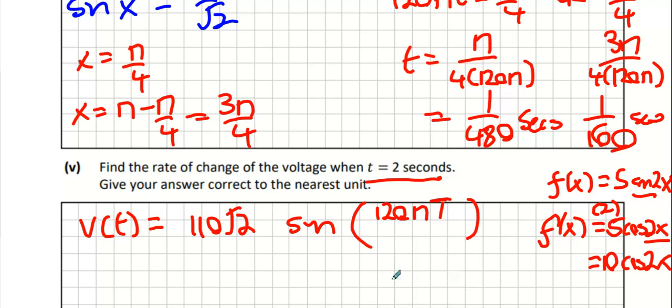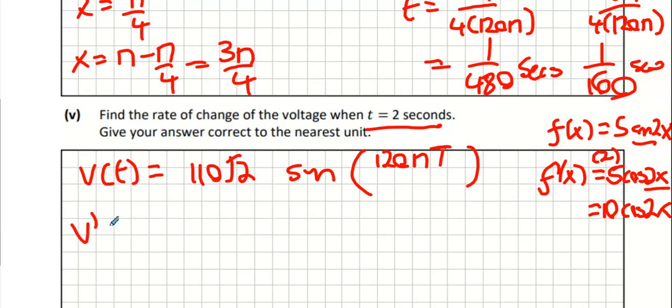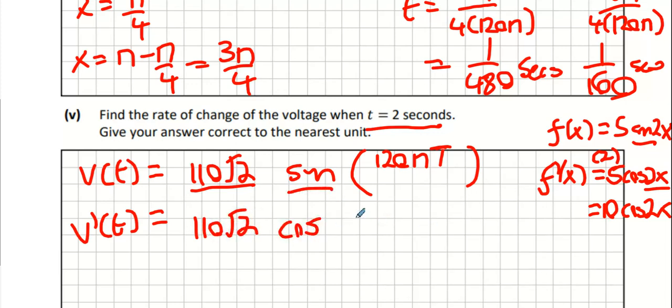That's how you do it. So we're going to do the exact same thing here, except on a much larger scale. We're going to keep the 110 root 2 in the same way we kept the 5. We're going to change sine into cos, because that's what happens when you differentiate sine. Because rate of change means slope. Slope means first derivative.